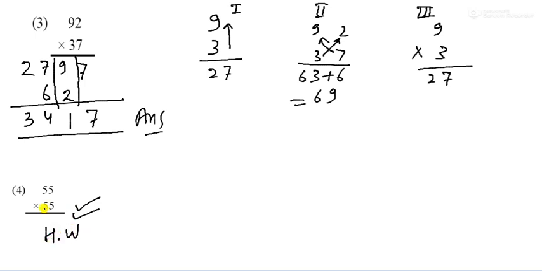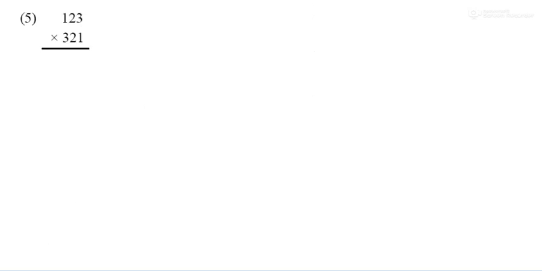Or here in 6 and 7, 13 and 1, 14, and that is the 2 and 1 3. So that is your answer. So that is your homework, you can do at home. It is your homework.